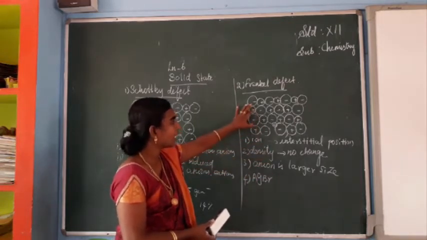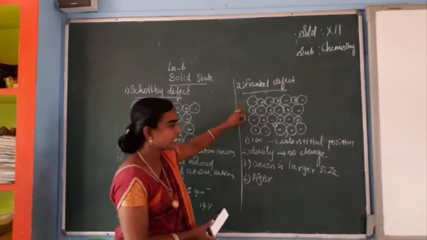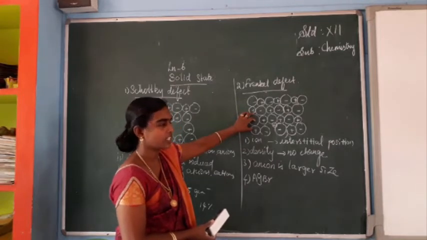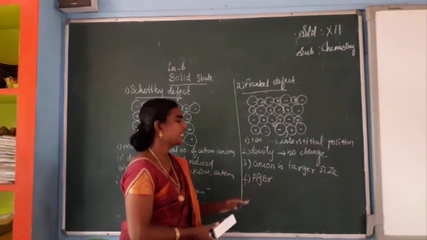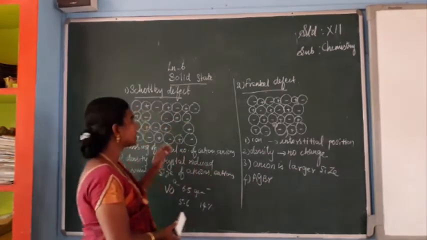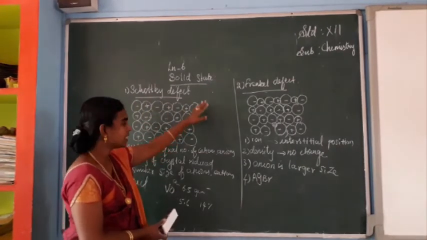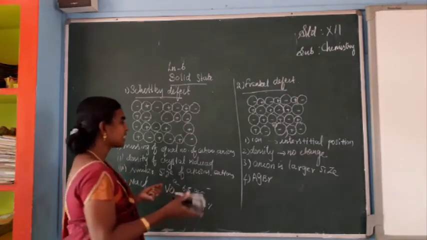Next, this type of defect exists only when the anion is larger in size than the cation. Therefore, example for this Frenkel defect is AgBr. So stoichiometric defects are classified into Schottky and Frenkel. This we have seen. So next defect, that is non-stoichiometric defect.